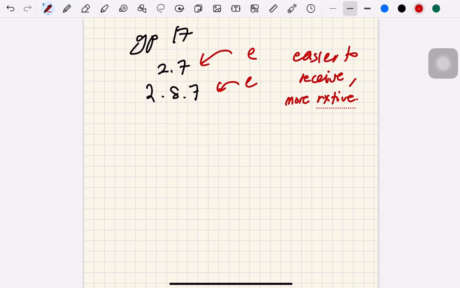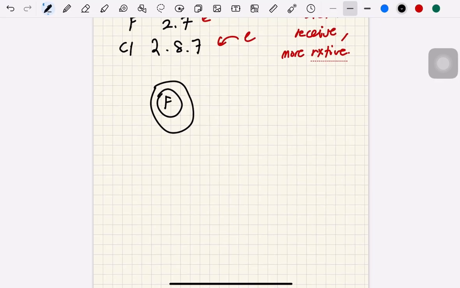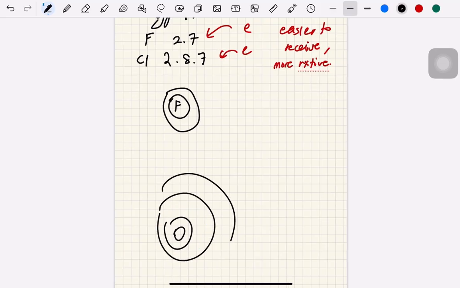Okay, so now let's see, we just use two examples. Fluorine and chlorine. Okay, fluorine small, chlorine big. Okay, example. So now between fluorine and chlorine, which one is more reactive? Which one is more reactive?